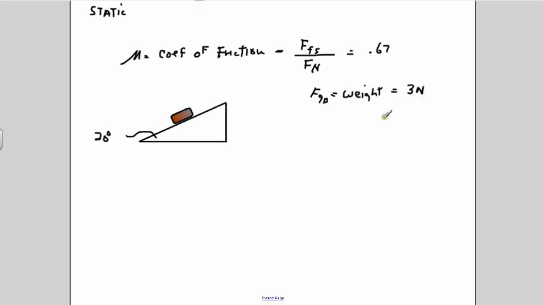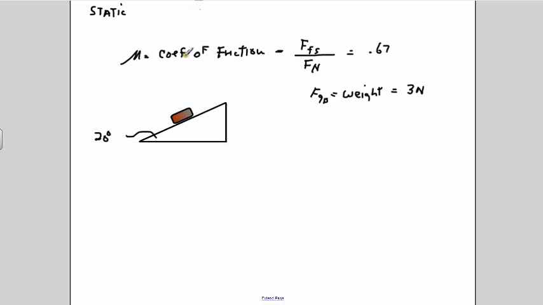Now the question is, is this going to slide or not? Well, let's find out. I want to talk a little bit about force normals in case you've forgotten before I go on. And then we'll go back to finding our calculations.